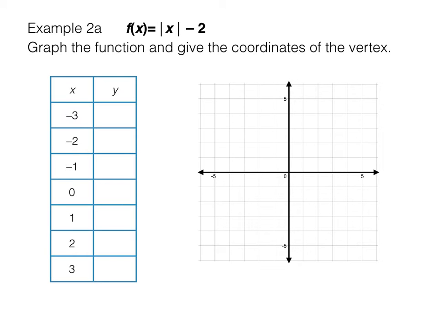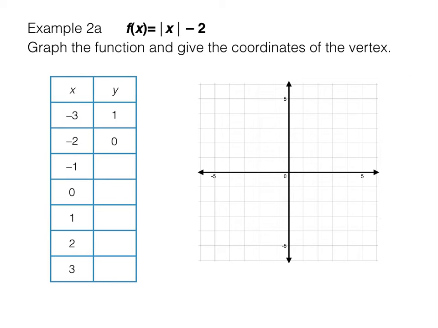Graph f of x equals the absolute value of x minus 2. So we'll start with the table of values, and we'll think about each x value as we substitute it into the function. The absolute value of -3 is 3, and 3 minus 2 is 1. The absolute value of -2 is 2. 2 minus 2 is 0.